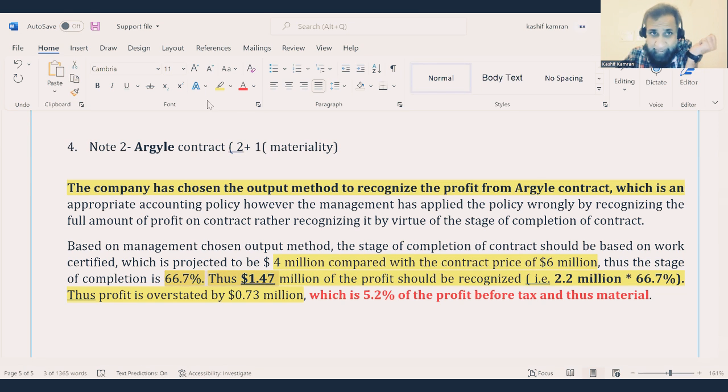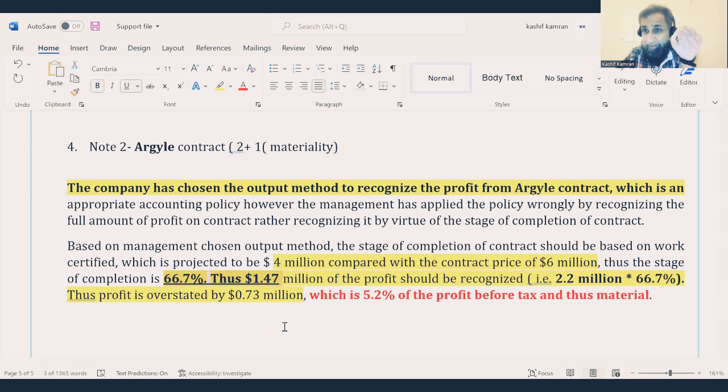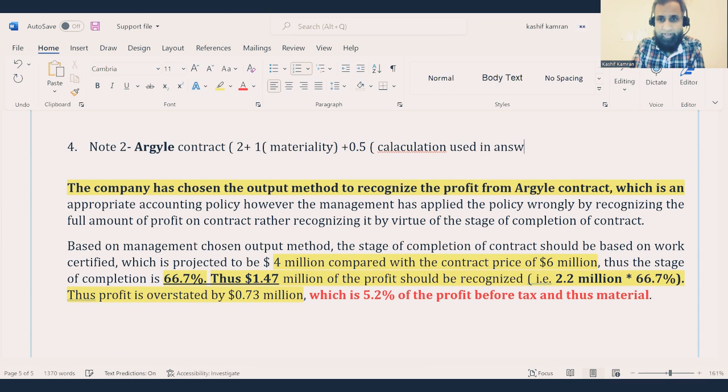So the examiner says if you do some extra calculations like 66.7%, which was not given in the case study, and 1.47 million, was that a student calculation? Yes. So will you get some extra marks for calculation? Yes. How much? 0.5 plus 0.5 marks for calculations used in the answer.